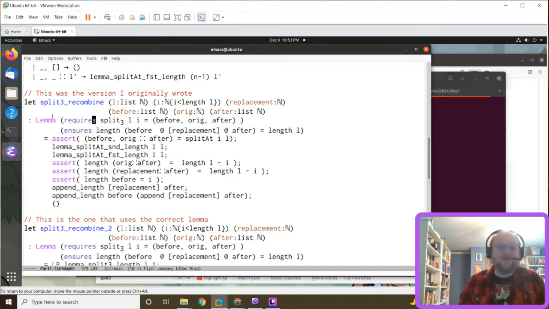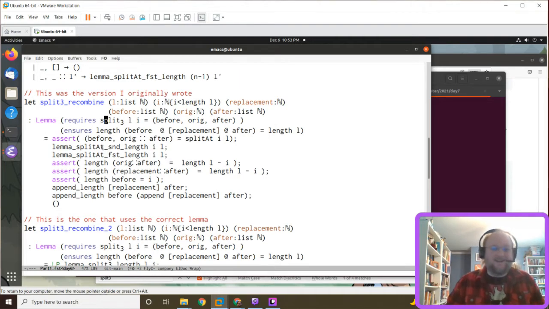What we want to show is that if we split a string into 3 parts, so give it a list and an index, and get back this triple, the sublist before, the individual element we named, and everything afterwards, we can put in a replacement and append everything together and get back the same length that we started with.